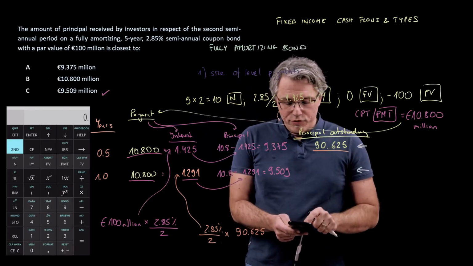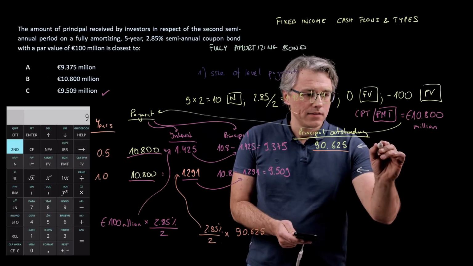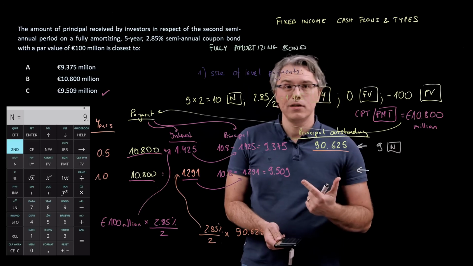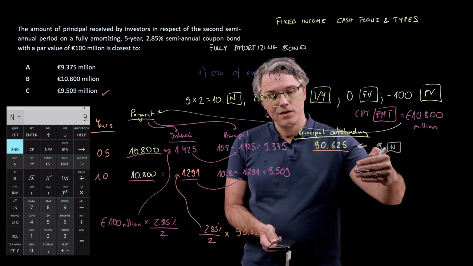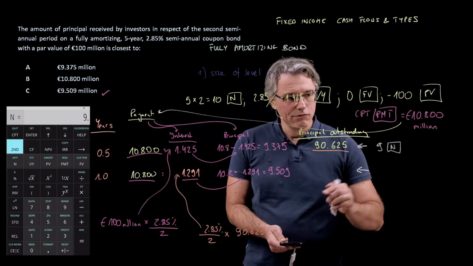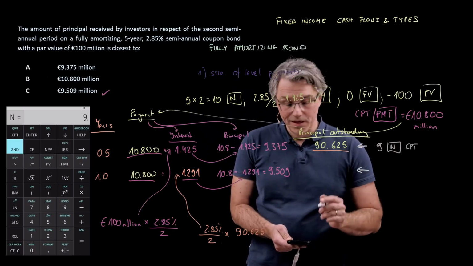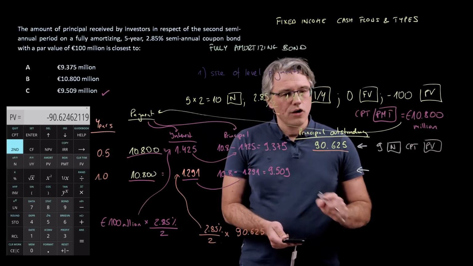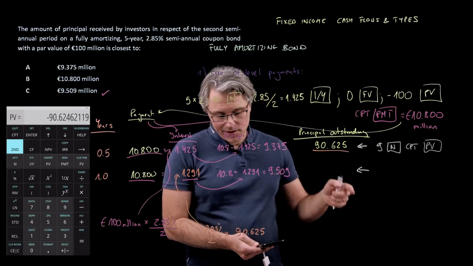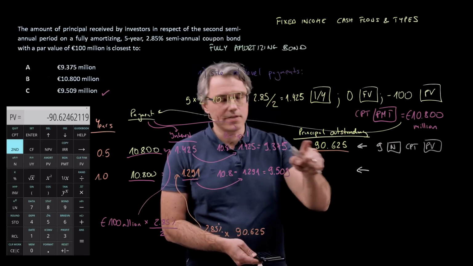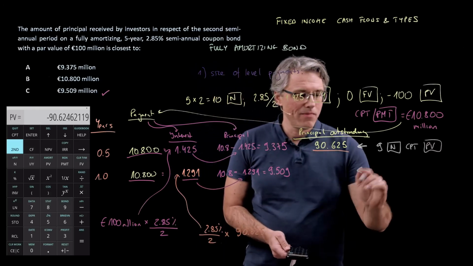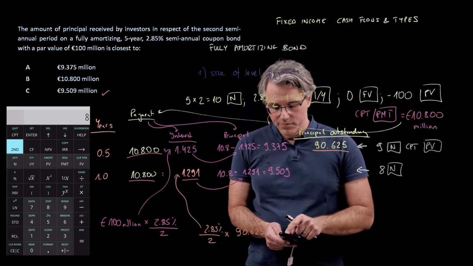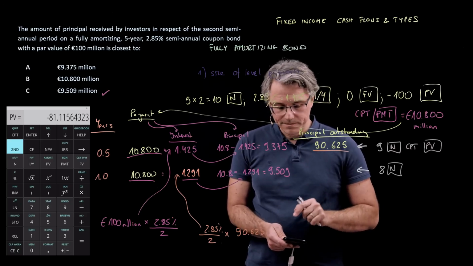If I now press 9 on my calculator, follow this up with N, to tell the calculator that there are still 9 payments left, and get it to compute the PV, CPT PV, you're going to see an answer of 90.625, if you round it up, which is exactly the same as over here. How do I get this number? Well, do 8 N, so change that single input and recompute for PV.